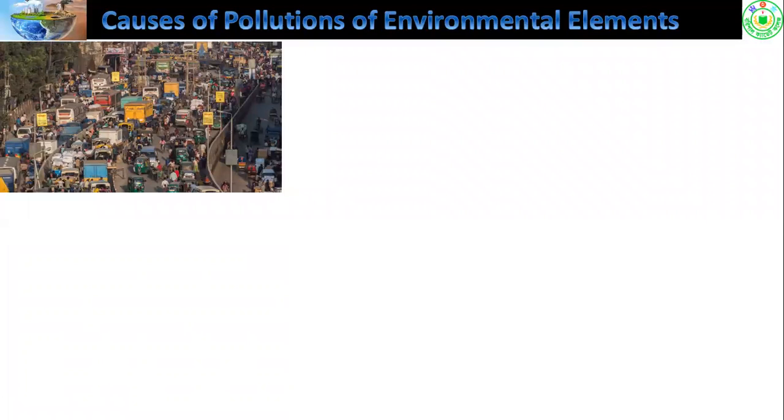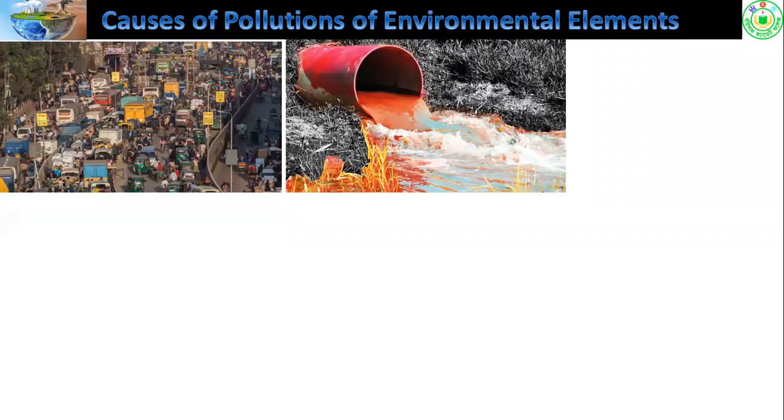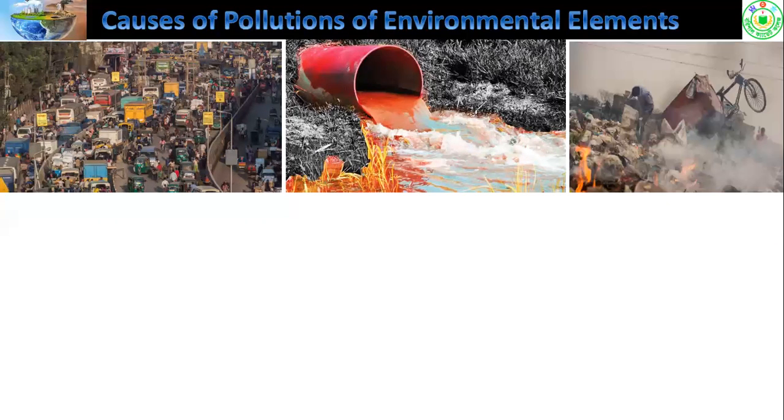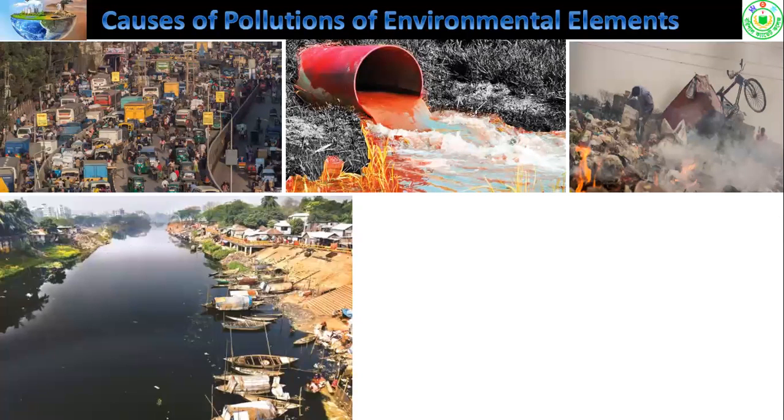And traffic jam, and because of this traffic jam, this is another reason for air pollution. Vehicle smoke, it harms the environment and our air. Again, industrial waste and burning the waste materials, it also harms the environment.